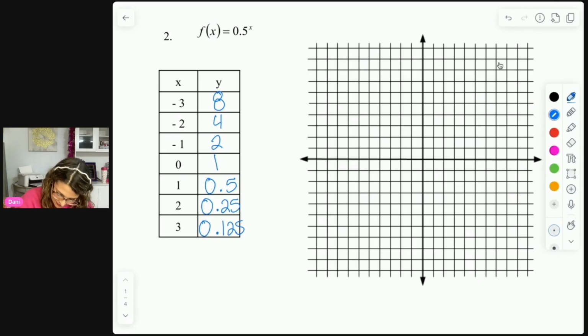So we've got -3, 8, -2, 4, -1, 2, 0, 1, 1, half, and then it gets tinier and tinier and tinier, but it's never actually crossing that x-axis. When it gets really, really close but doesn't actually cross, it's called an asymptote.